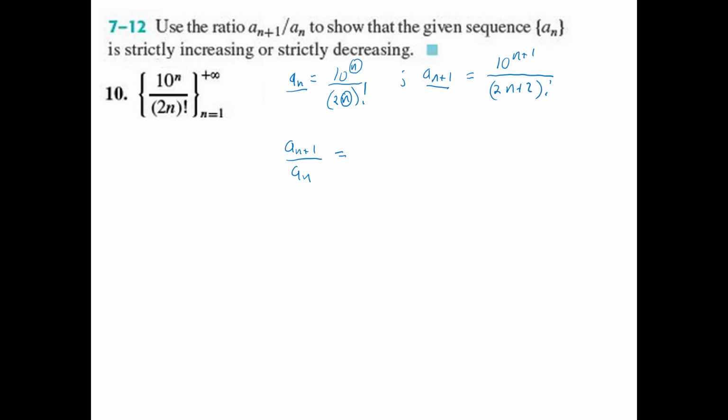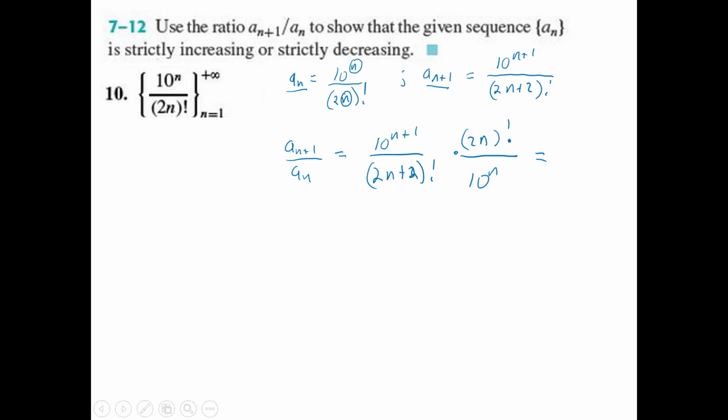And so then you're going to take the 10 to the n plus 1 over 2n plus 2 factorial, and multiply it by the reciprocal of a sub n, which is going to be 2n factorial divided by 10 to the n.